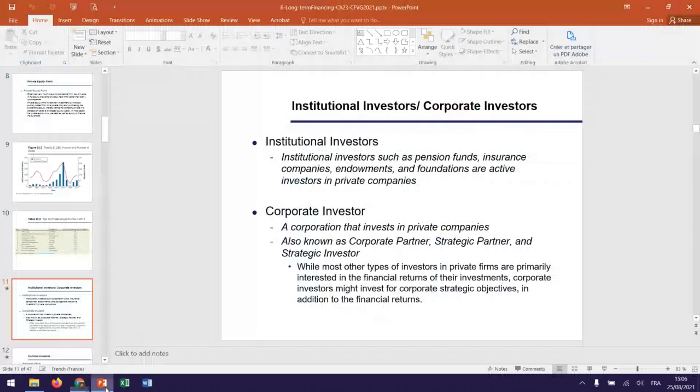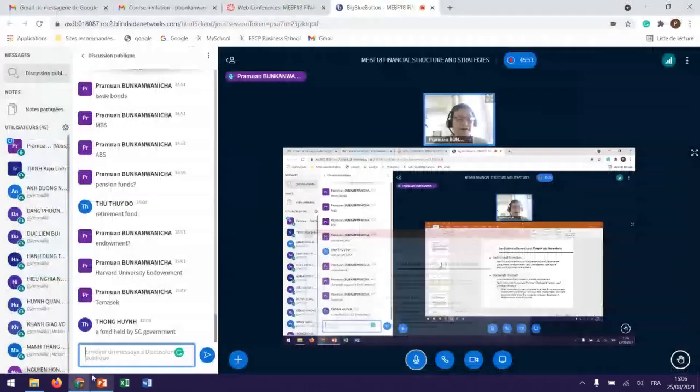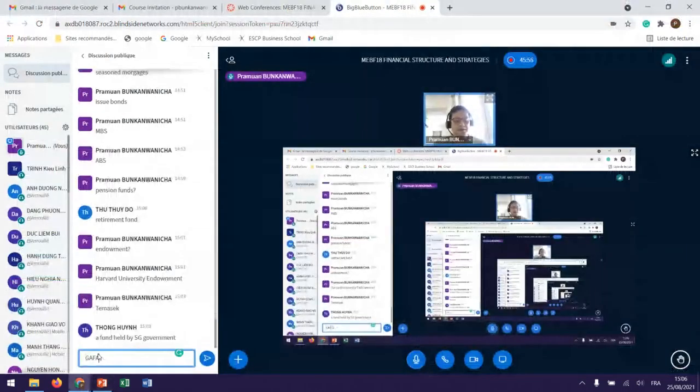And then you have corporations. The corporation invests in private companies. Sometimes they invest in private firms. For example, the GAFA companies are big corporate investors. Somebody know GAFA? When they're talking about GAFA, do you know that?